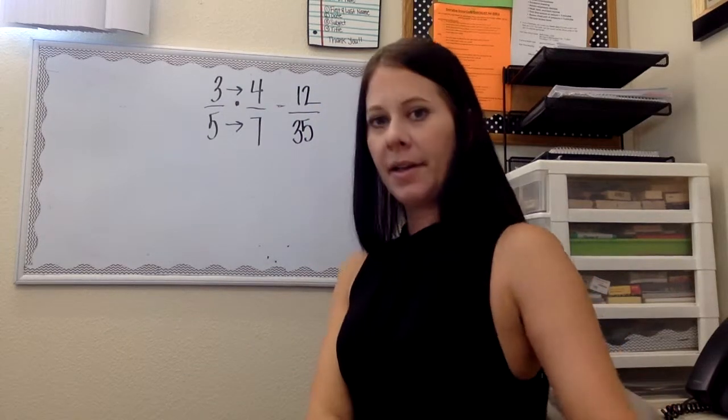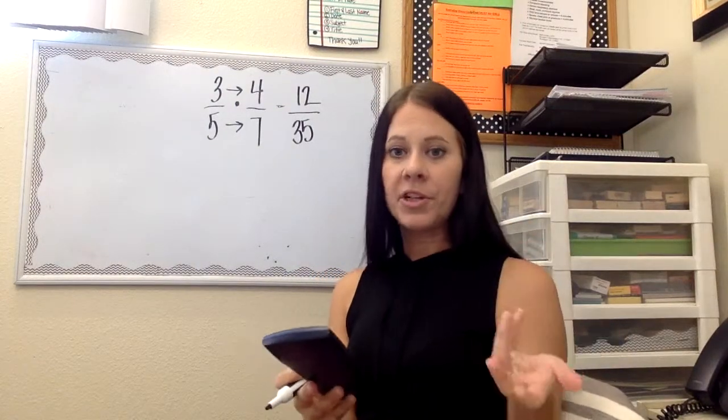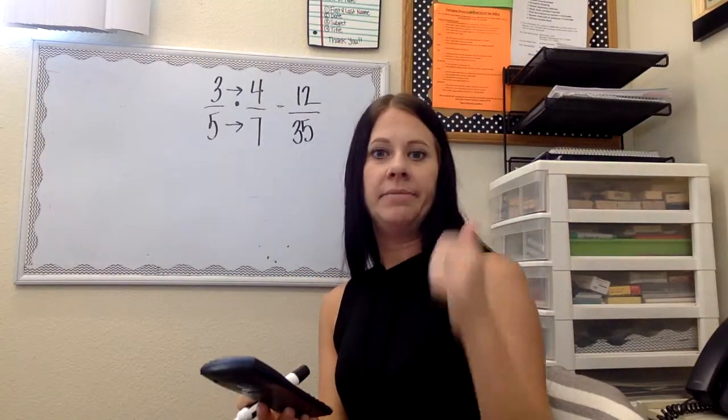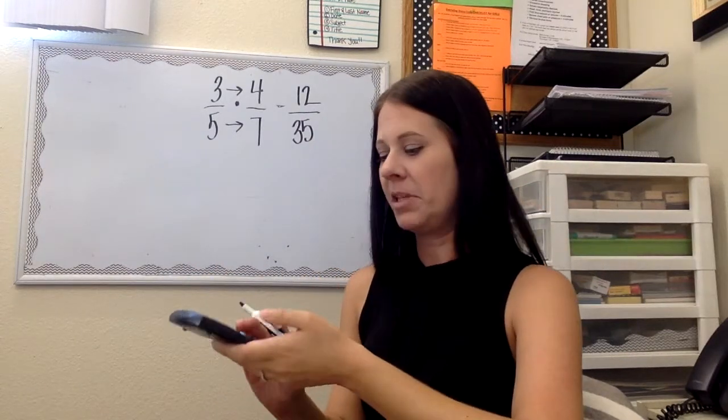And then I'm going to check for numbers that go into both. Now, I would check the smaller number first because when you get all the way to 12, you'll be done. If you're doing 35, you're going to get way higher than any numbers you could possibly use.